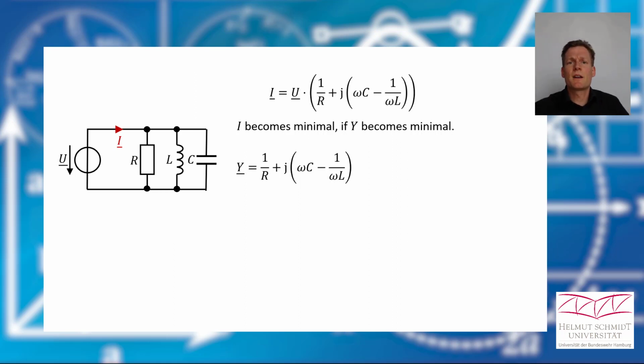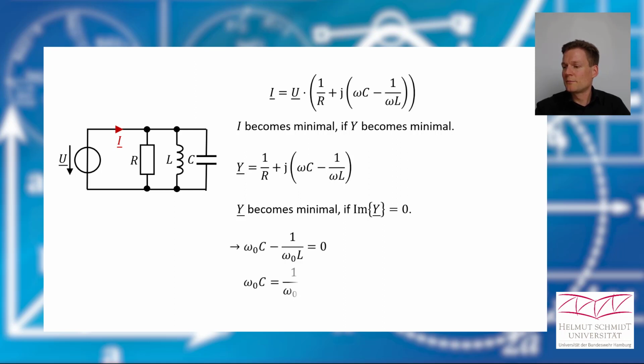The imaginary part could be 0 again. And that means that the part in brackets has to be 0, and therefore we can write it like this and solve it for the angular frequency, and we find out that the resonant angular frequency is again 1 divided by the square root of LC.